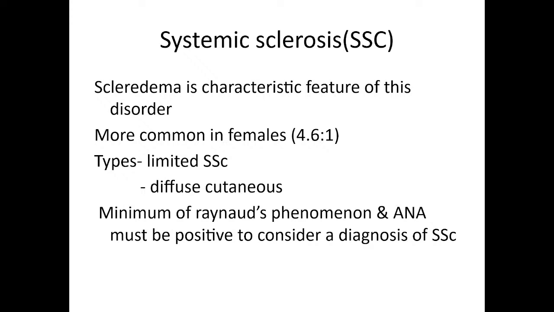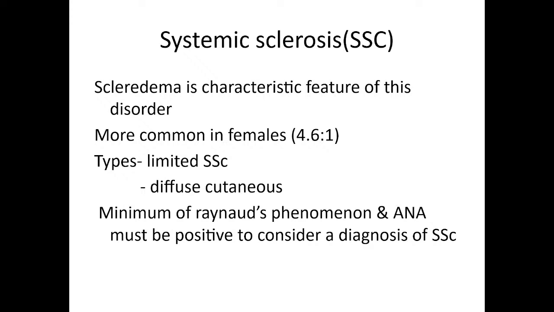Even for less temperatures and even with emotional stimuli, sometimes there will be vasoconstriction in the peripheral arteries. So what happens when there is a vasoconstriction of the peripheral arteries? Classically it has been described in three phases. When there is a vasoconstriction, it will lead to severe pallor of the extremities. After that, because of the lack of circulation, there will be stasis and increased deoxygenated hemoglobin in the extremities, leading to cyanosis.